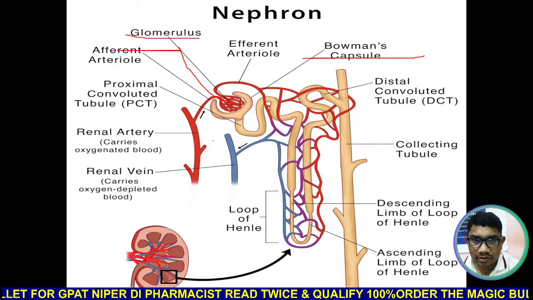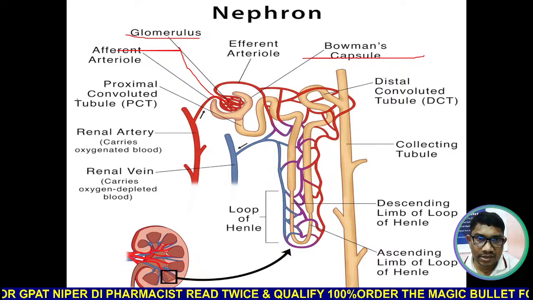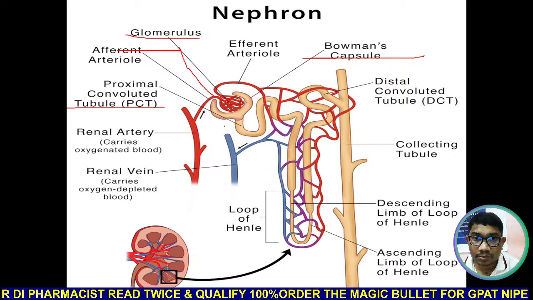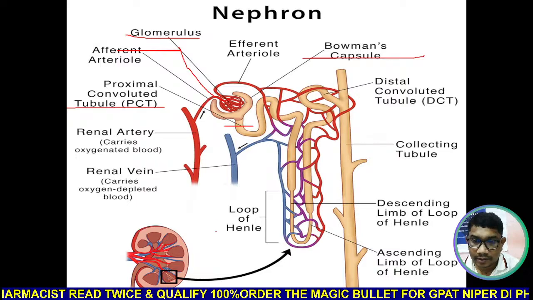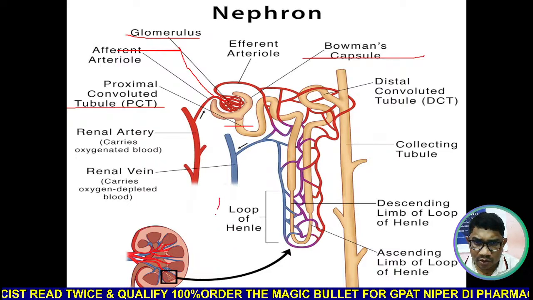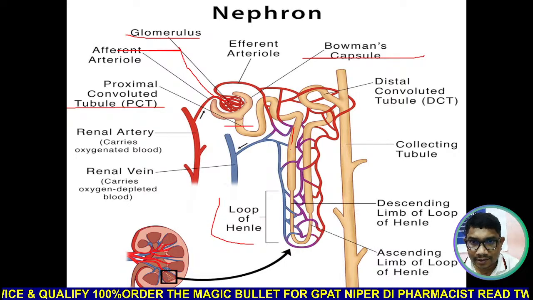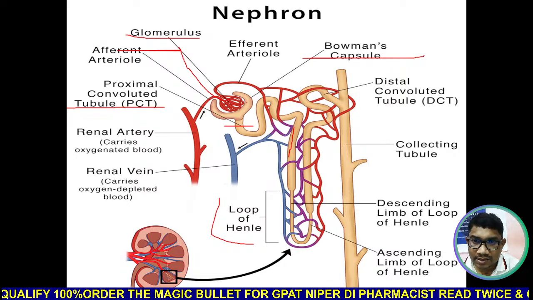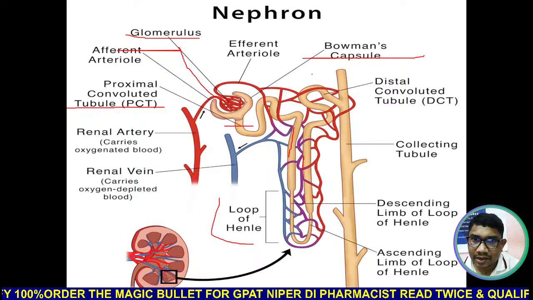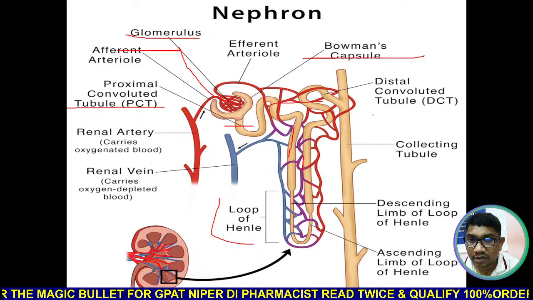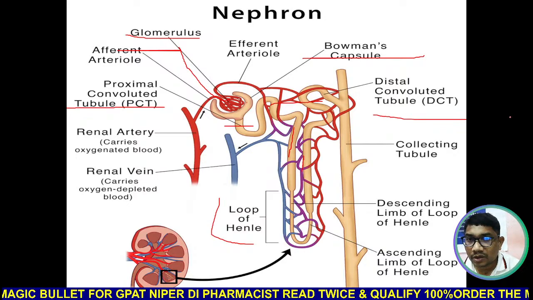Then second part is PCT, proximal convoluted tubule. Then fourth part is the loop of Henle, ascending, descending. This is the descending loop of Henle, this is the ascending loop of Henle. After that there is a distal convoluted tubule.